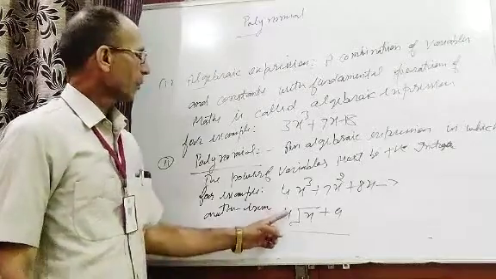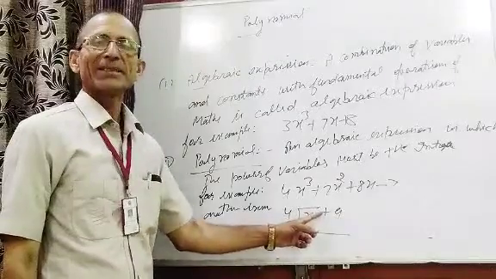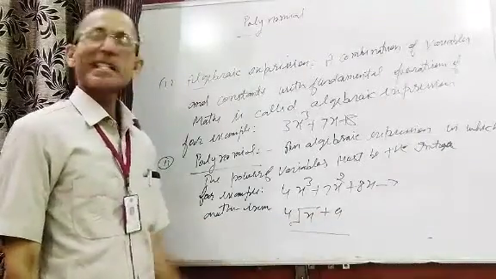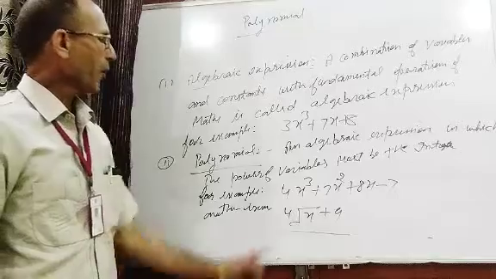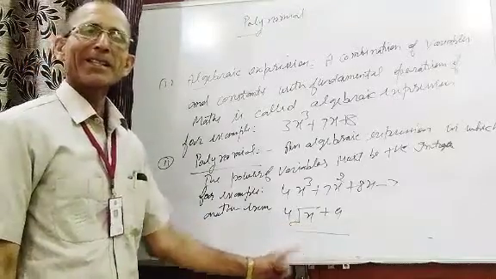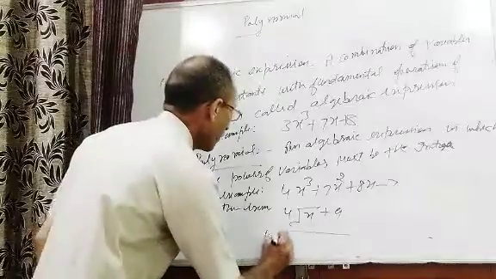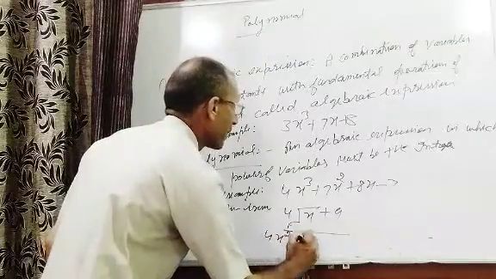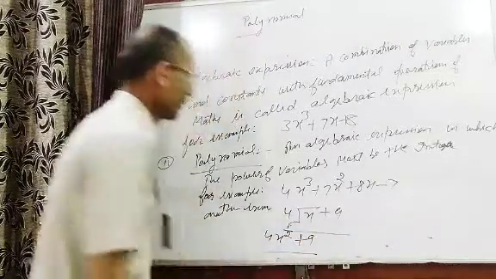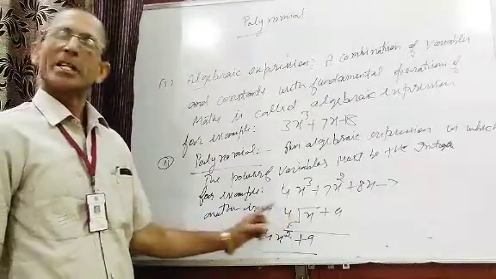Another example, 4 root x plus 9. Here the variable is x, but the power of the variable is in root. It means 4x raised to the power 1 by 2 plus 9, because you know the value of root is 1 by 2.